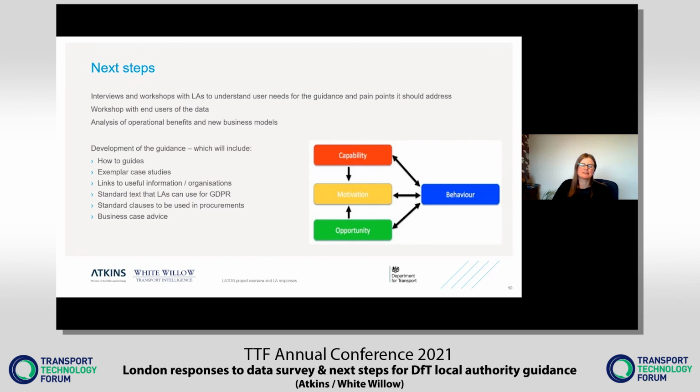But what we do know is it will be how-to guides which will address the capability. So just going back to the COM-B model that I showed before, case studies will help with the motivation to help understand what's worked well. And then things like business case advice will potentially help address the opportunity issues, where it helps people get funding to do more work. And the next slide.